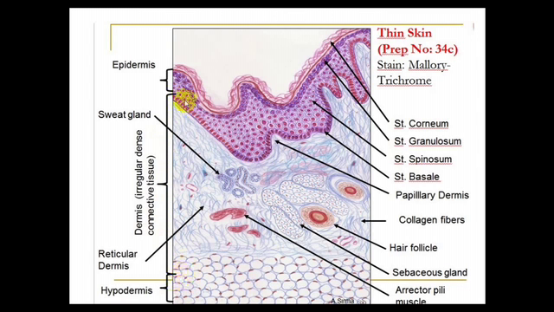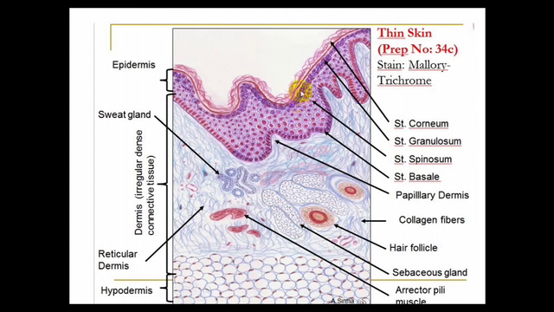Okay, at the epidermis, the 5 zones that constitute the keratinocyte, starting from the innermost to the outermost, start with stratum basale. Above it is the stratum spinosum. Above it is the stratum granulosum.